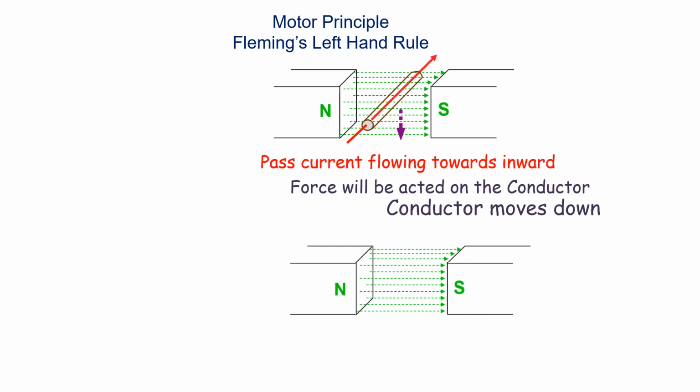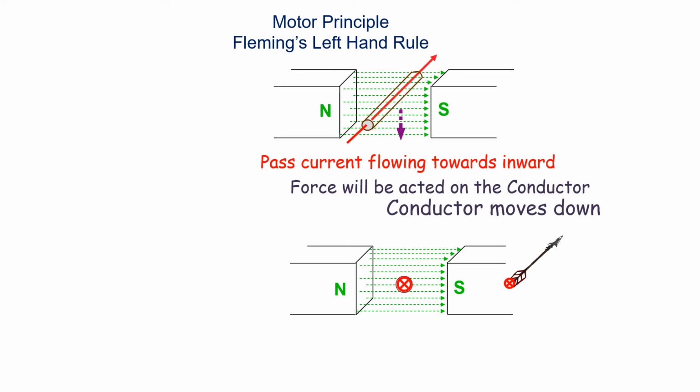Let us understand the same by means of another figure. Here again the magnetic field lines are shown towards right. The conductor cross section is shown now. Pass the current flowing inside. The current flowing inside can be viewed as an arrow going inside.